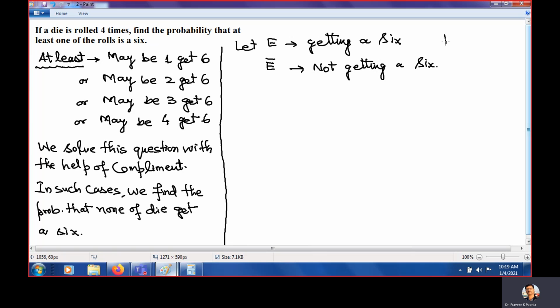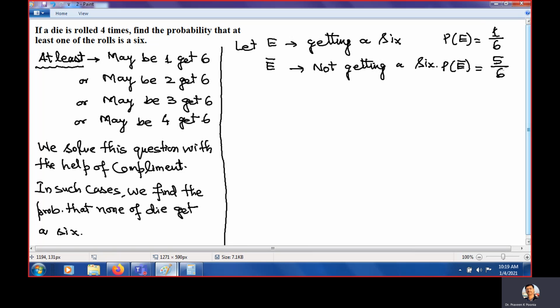Therefore, the probability of E, getting a 6, is 1 out of 6 options, so it is 1 upon 6. And the probability of not getting a 6 means getting 1, 2, 3, 4, 5, so the probability will be 5 upon 6.